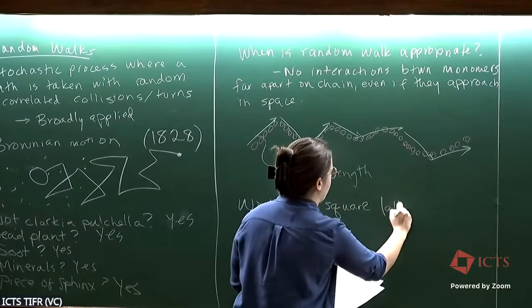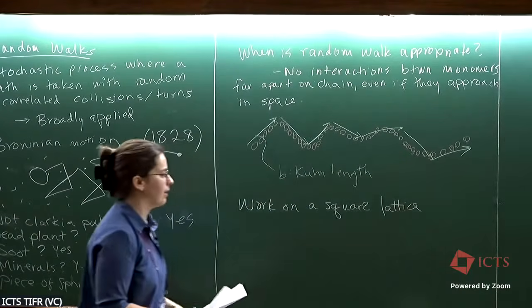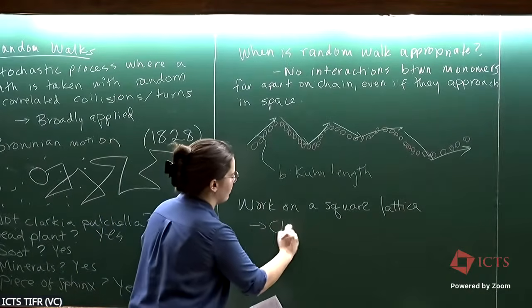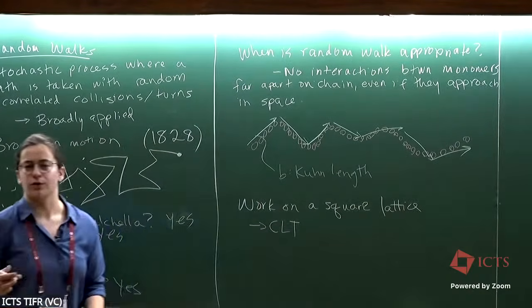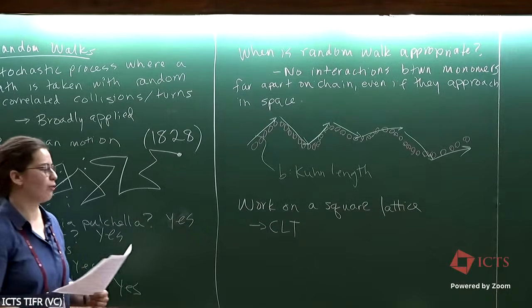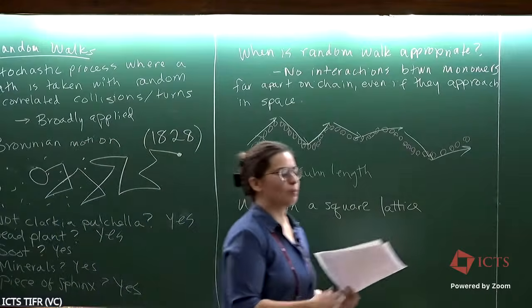On a square lattice, this is going to make the calculation much easier, but because of the central limit theorem, all of the results that I'm going to derive will also hold. It's surprisingly hard to break a random walk.